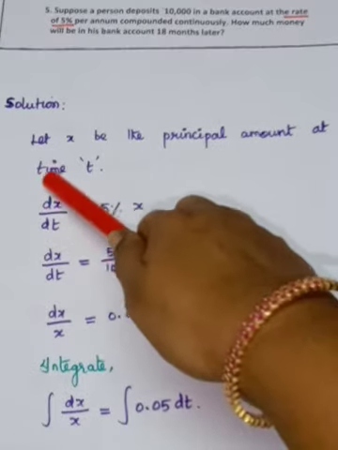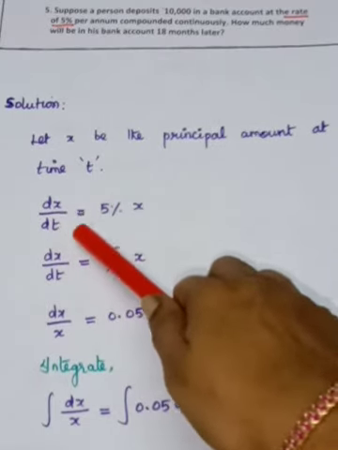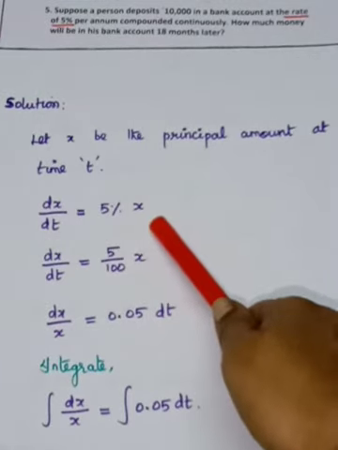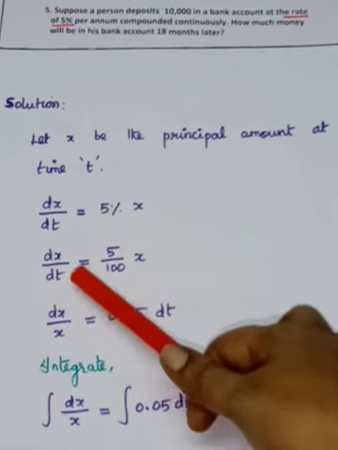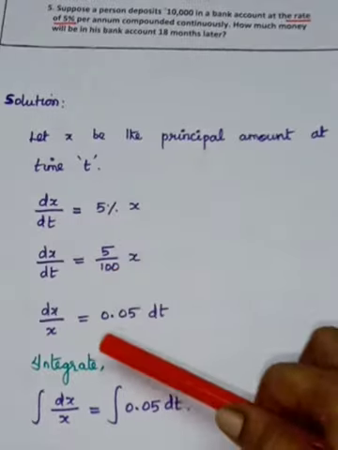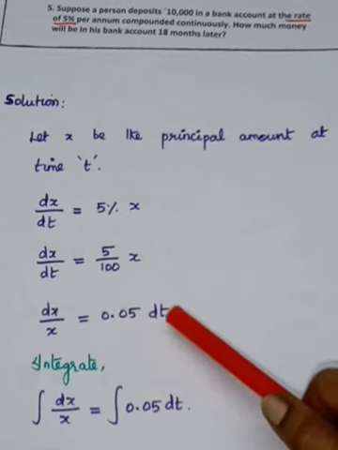So the rate of interest is equal to 5% of the principal amount. So here dx by dt is equal to 5 by 100 into x. 5 by 100 can be written as 0.05.